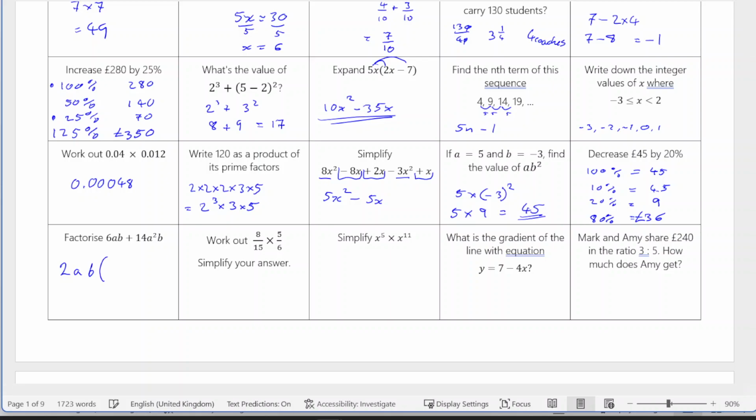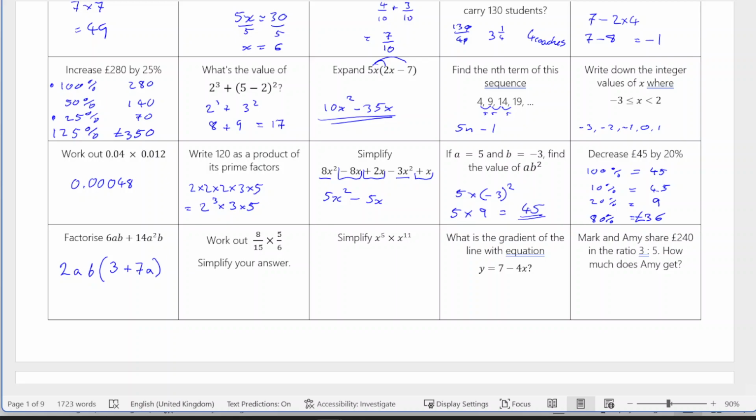Now I can either view it as what is this divided by this, or I can view it as what do I need to times this by to get this. So I need to times 2 by 3 to get 6ab, and I would need to times 2 by 7 to get 14, a by a to get a squared, and b by 1, like that.